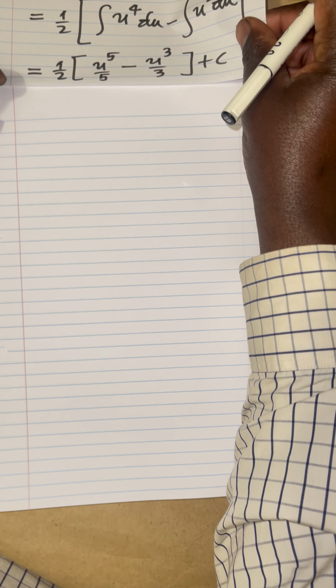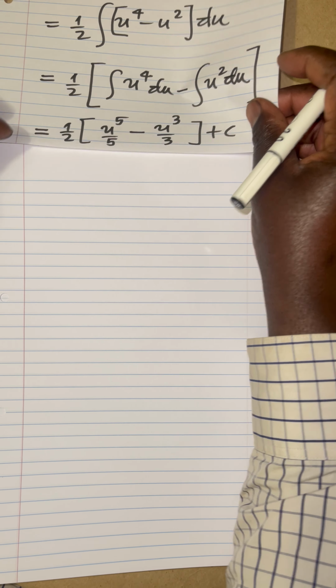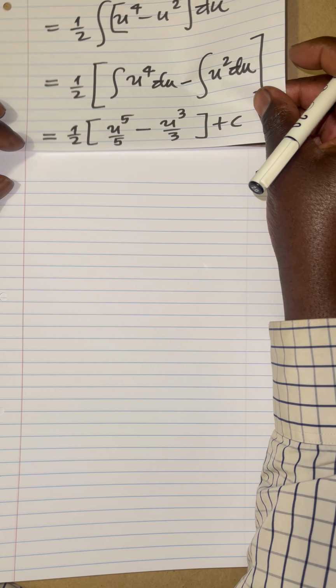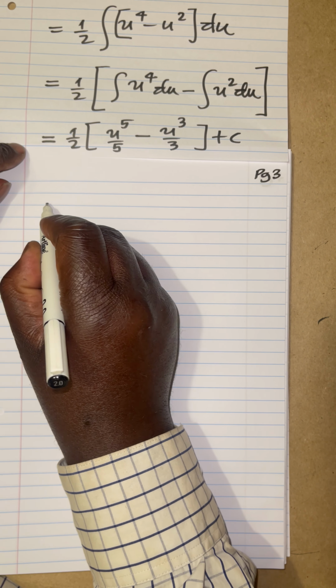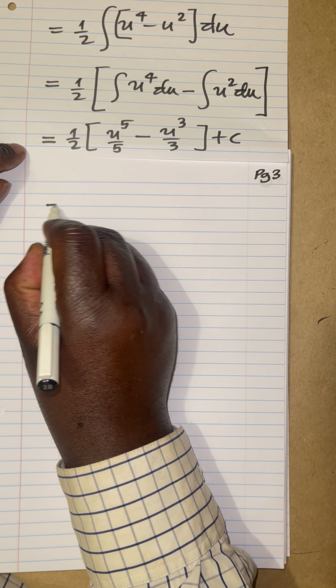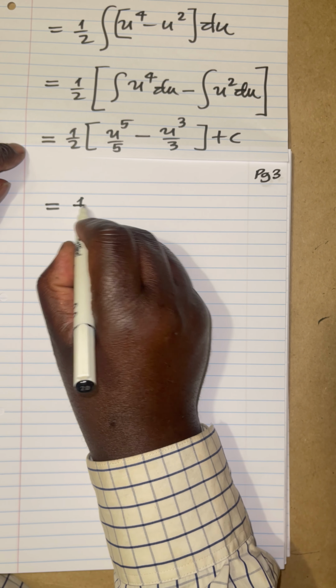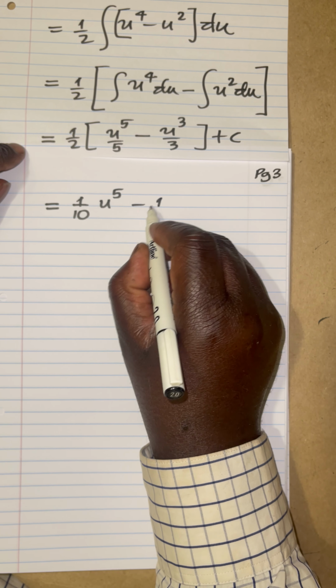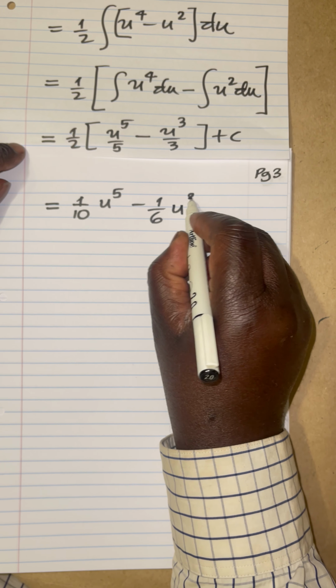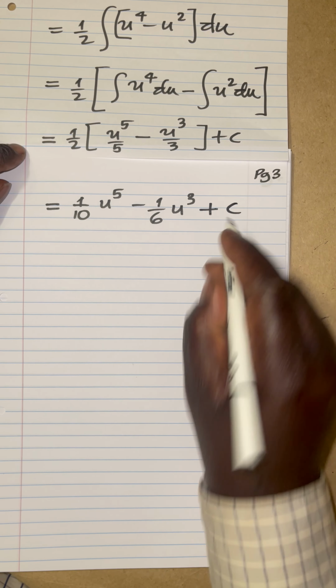Distribute half and moving back to our original variable. So distributing the half, we have that being equal to 1 over 10 u power 5 minus 1 over 6 u power 3 plus c.